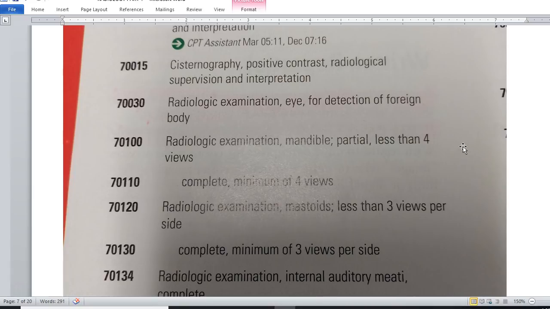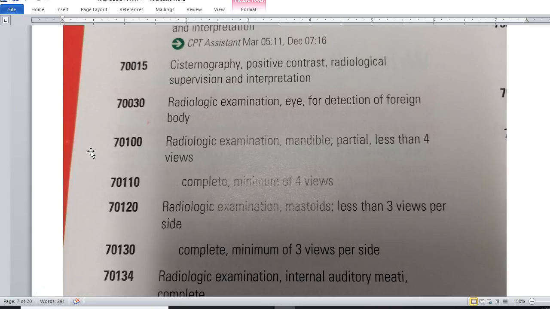So basically, how many separate X-ray pictures are we taking? So if we're doing a radiologic examination of the mandible, okay, so that's the jawbone, partial less than 4 views. So code 70100 would be for 1, 2, or 3 radiological views of the mandible. If we're doing 4, 5, 6, 8, 10, 70110, minimum of 4 views.